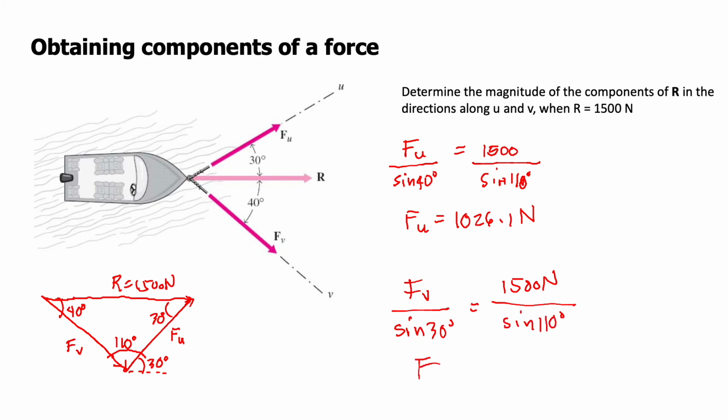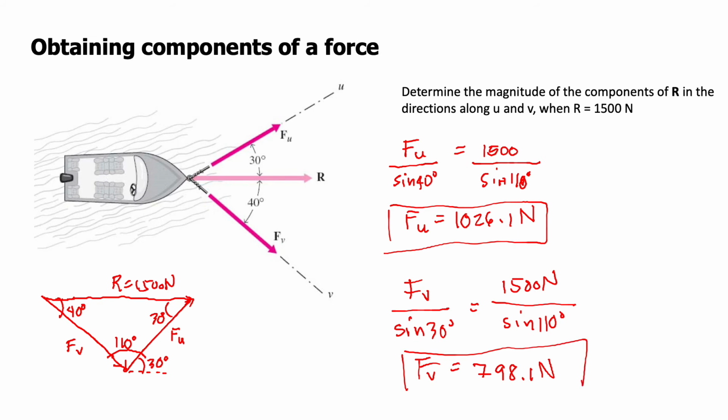Now Fv is equal to 1,500 times sine 30 divided by sine of 110, which is equal to 798.1 newtons. Now we already have the components. Fu is equal to 1,026.1 newtons, while Fv is equal to 798.1 newtons.